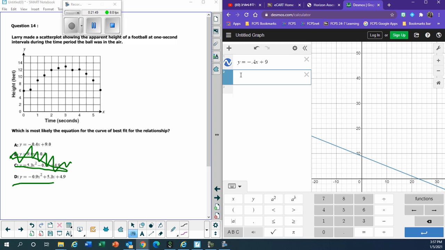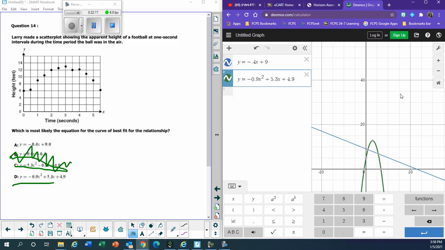But if I take D, we'll say y equals negative 0.9x squared plus 5.33x plus 4.9.